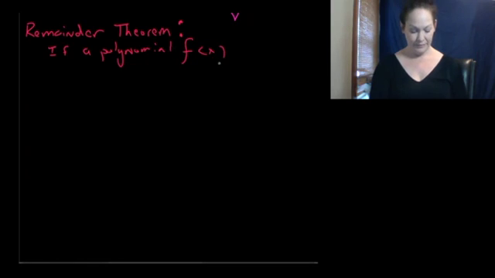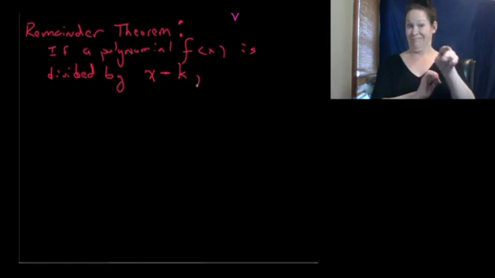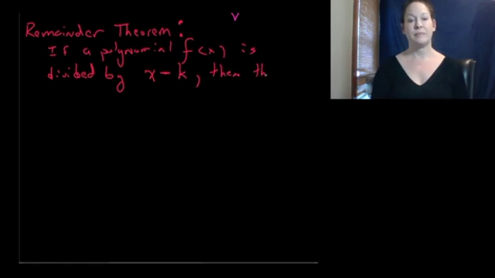So I have a polynomial function f of x, and if the polynomial f of x is divided by x minus k, watch the sign here, then the remainder is the function of k.